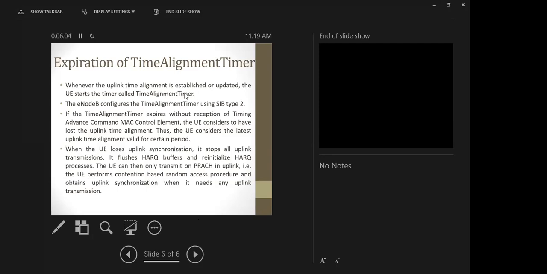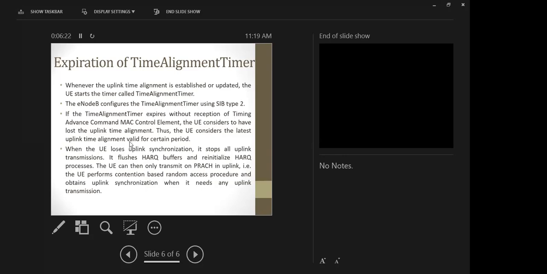The eNodeB sets the value of the timer. It sends some broadcast information to indicate what value you should use for this timer.